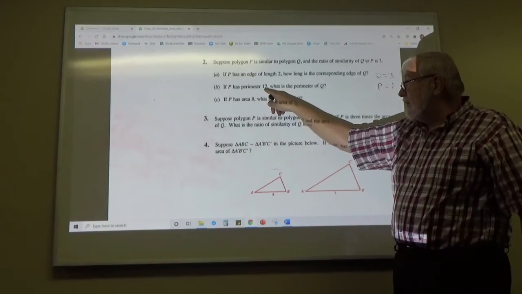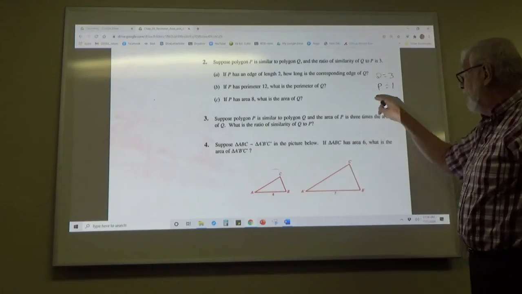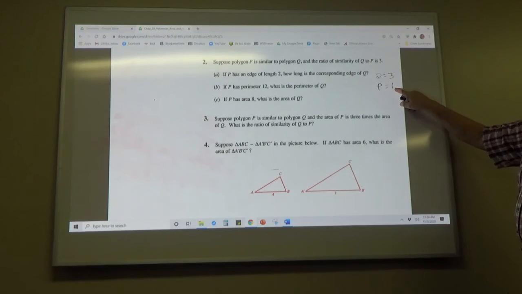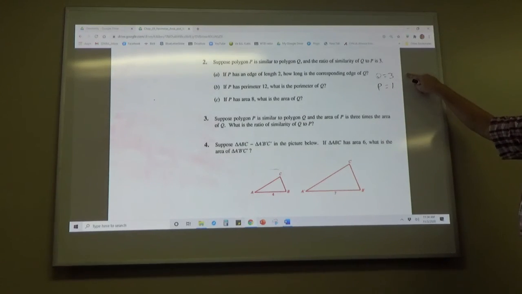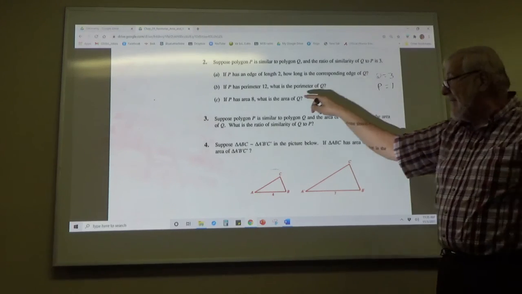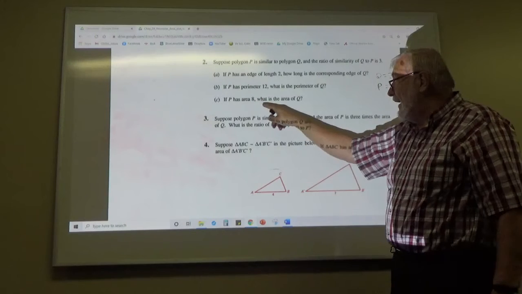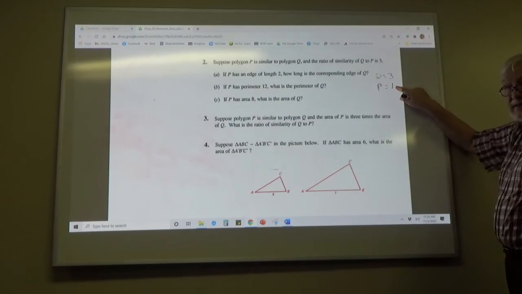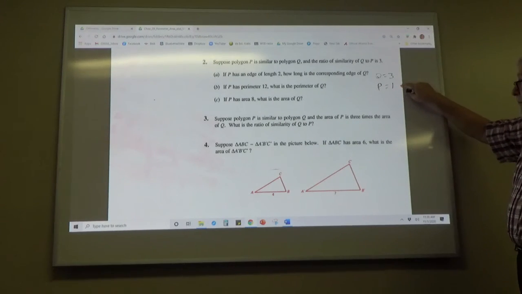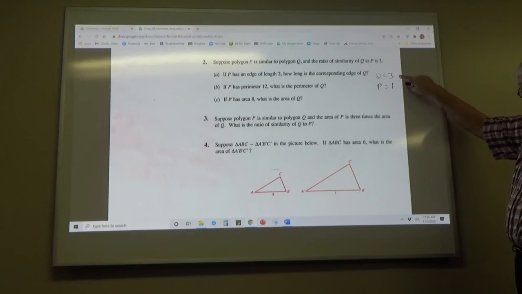If the perimeter of P is 12, then 1 times 12, this is 3 times 12 for the perimeter. If the area is 8, then that makes this 8, but this is 3 times 3. 9 times 8, 72.